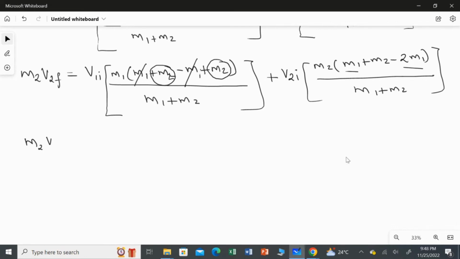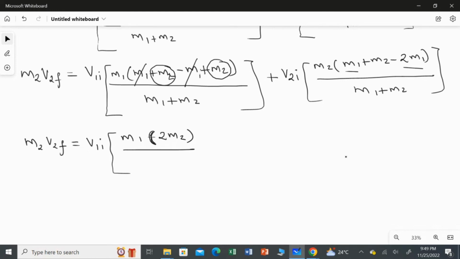M2 V2 final, which is equal to V1 initial, M1 plus 2 times of M2, right? Sorry, it is multiplication form, right? Okay. M1 multiplied by 2 times of M2, this is bracket, okay?